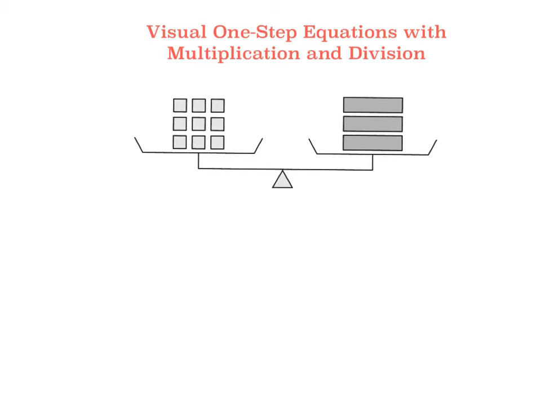Let's start by looking at visuals so we can wrap our minds around why we always do the inverse to solve. So if we think of these as boxes with an unknown amount, and these are, we'll say, chocolate pieces. We want to know how many pieces of chocolate are in each box.